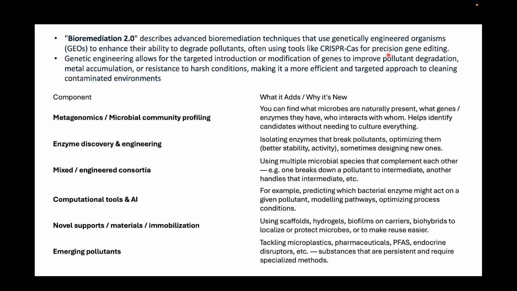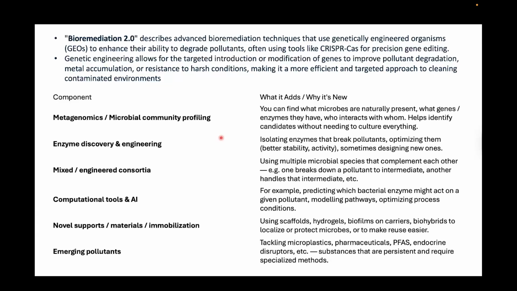And using gene editing techniques like CRISPR-Cas, you can do lots of genetic engineering right now. Genetic engineering allows for targeted introduction or modification of genes to improve pollutant degradation, metal accumulation, or resistance to harsh conditions, making it a more efficient and targeted approach to cleaning contaminated environments.